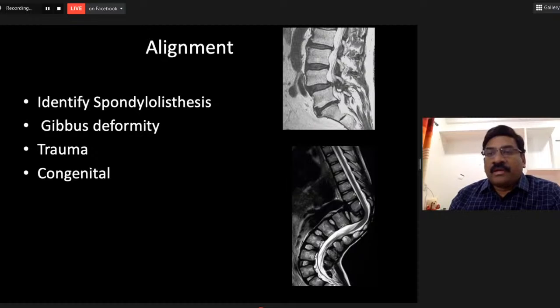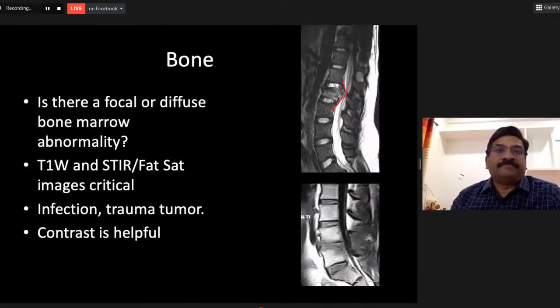Comments on cervical kyphosis, cervical lordosis, lumbar lordosis, or lumbar kyphosis should not be made on an MRI taken in lying position. But for alteration of natural curves, or even suspicion of listhesis, if it is visible on MRI, you can comment, though the dynamic nature of those listheses cannot be identified on a supine MRI.